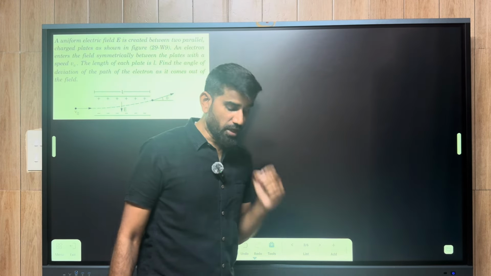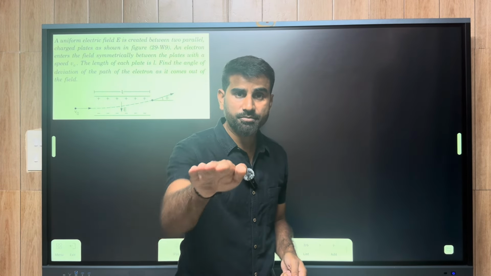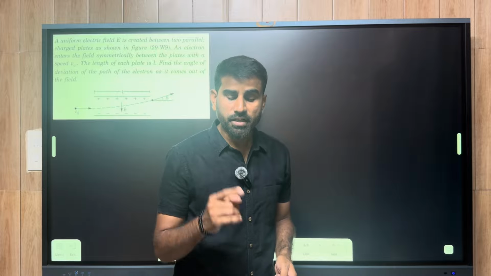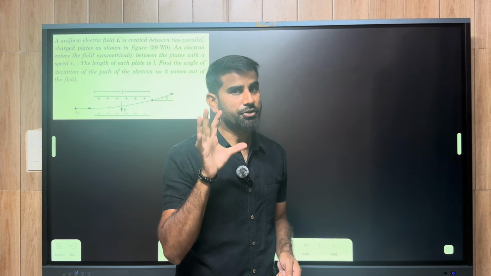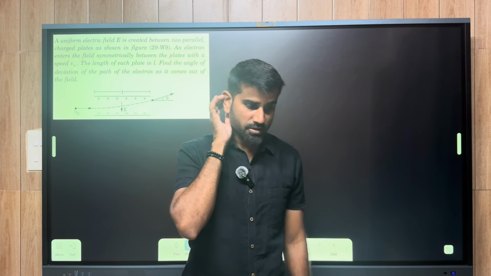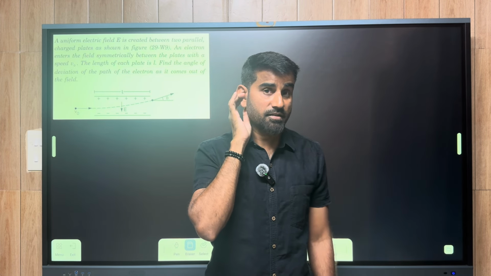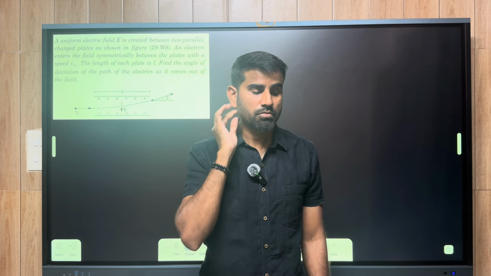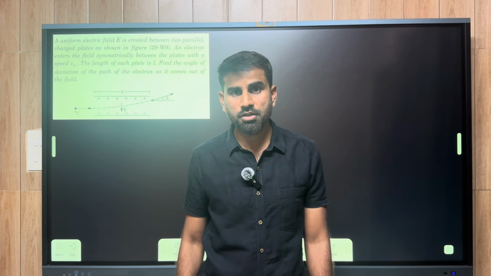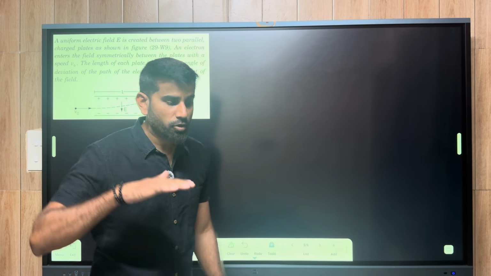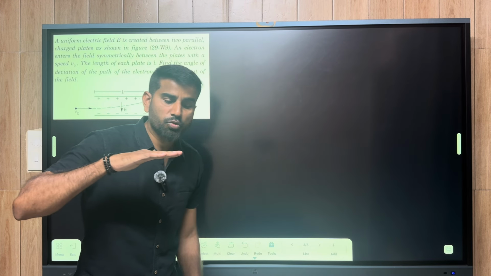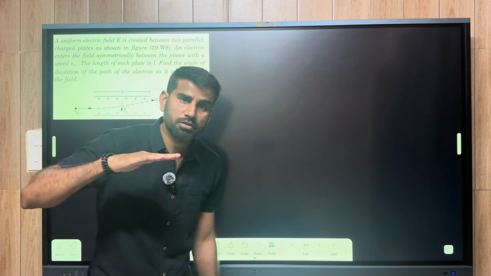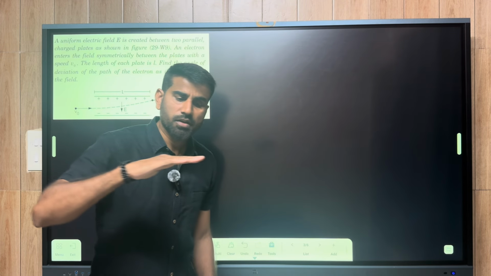Since the electron is projected horizontally, its vertical component of initial velocity will be 0. I'm repeating the statement again. We might have experienced this kind of concept in horizontal projection. Let's say an aeroplane is carrying a package, moving along the horizontal line with a certain speed.